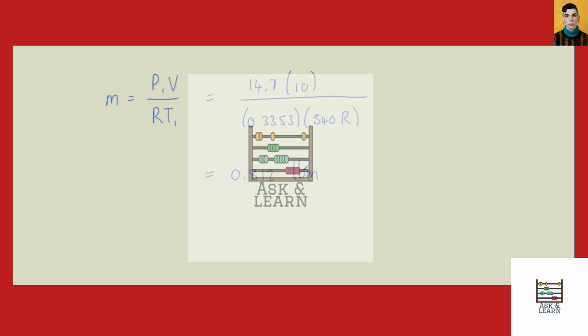Now that we have the mass and temperature, we can go back to the energy balance equation and calculate the work done by the paddle wheel.